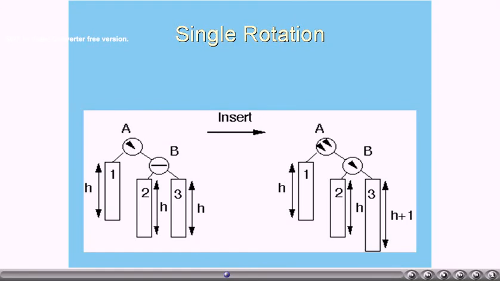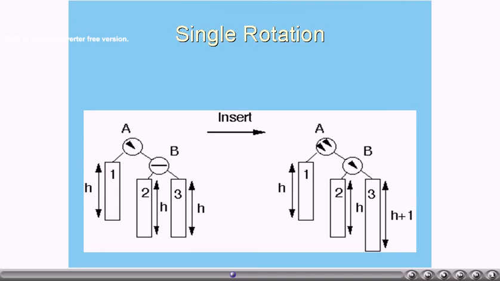Just for the sake of clarification, we are adding some more slides. Consider the tree as shown in the slide. Node A has -1 balance value, indicating that the right hand side is more. Node B is balanced, that is, left subtree height is h and right subtree height is h, so the balance value is 0.